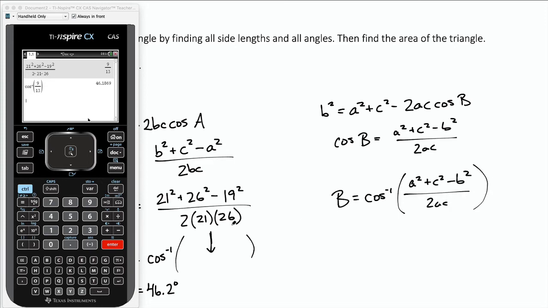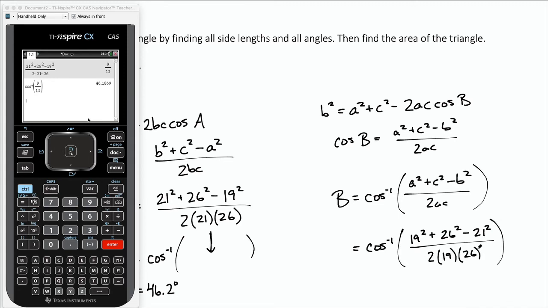Okay, so now let's go ahead and type that into our calculator with our a, b, and c plugged in. I'll write that here first. A was 19, so 19 squared, plus c was 26 squared, minus b was 21 squared, over 2 times a times c.